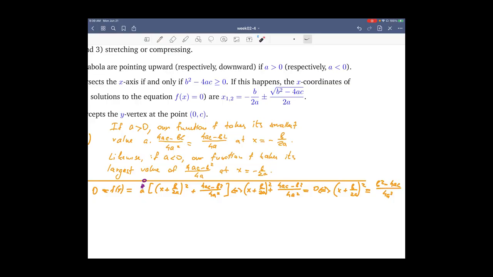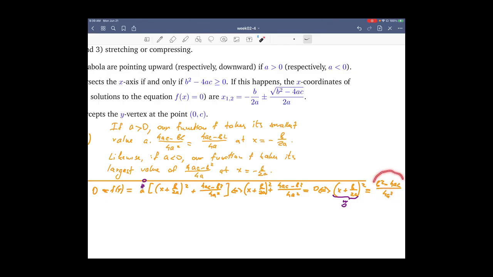Now let's look carefully at this equation. We're solving it for x. The expression on the left-hand side of this equation is always non-negative because it's a square. The expression on the right-hand side of this equation is a fraction. The denominator of this fraction is always positive.